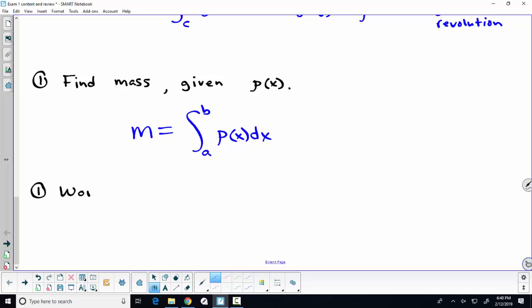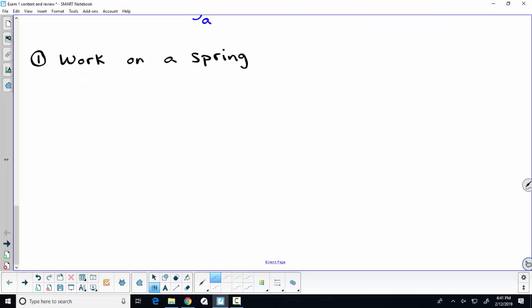One question dealing with work on a spring. Work is defined how? Force times distance. Right. As an integral? For a spring, it's Hooke's law, kx. We'll just assume Hooke's law, kx. But in general, work is defined as the integral, the sum of force times distance.